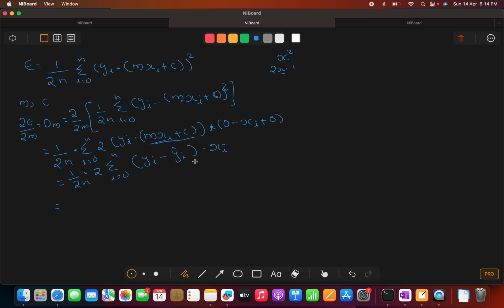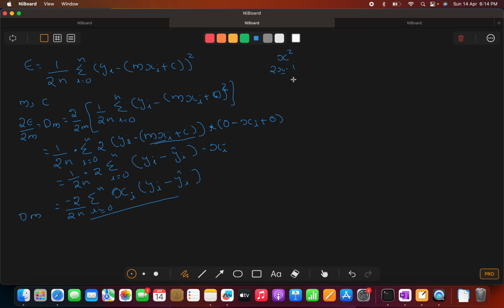Minus I am going to take outside. So this will be minus 2 divided by 2n sigma i is equal to 0 to n, x of i into yi minus y hat predicted. Okay. So this is called dou e by dou m.